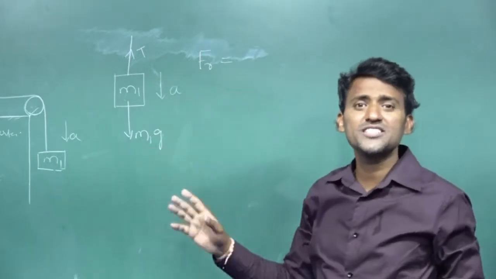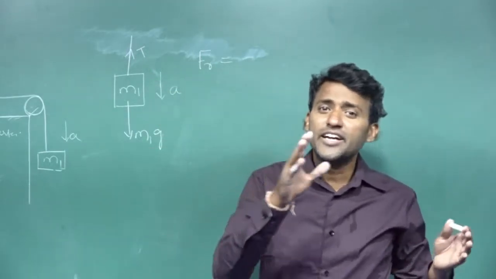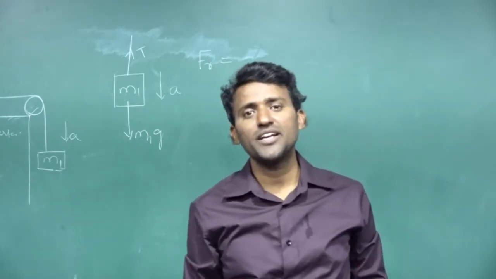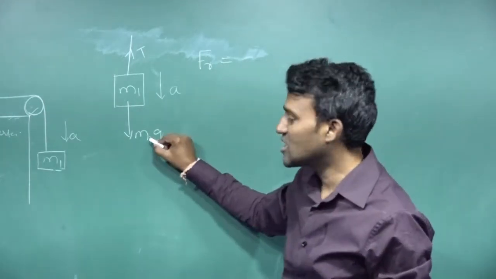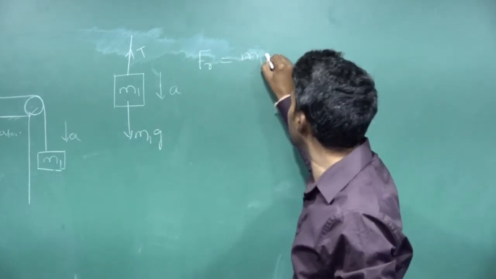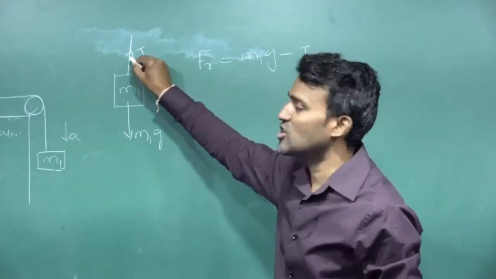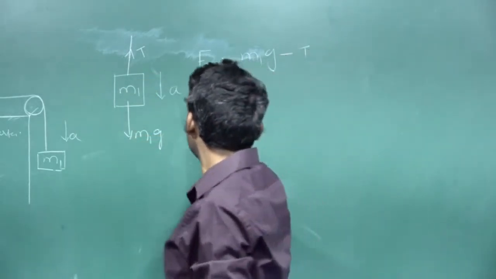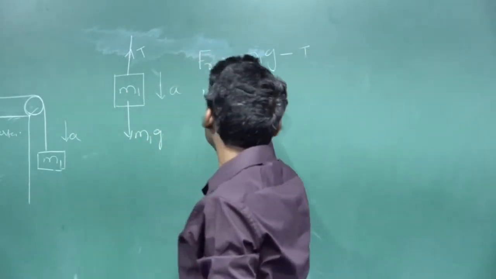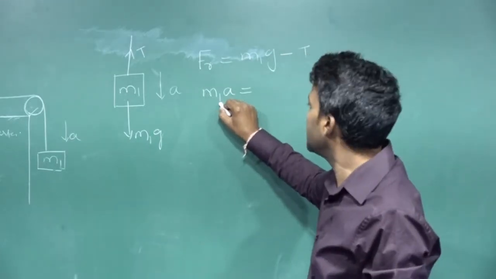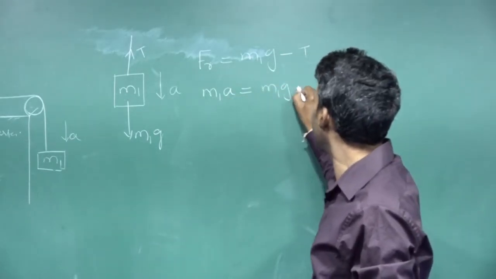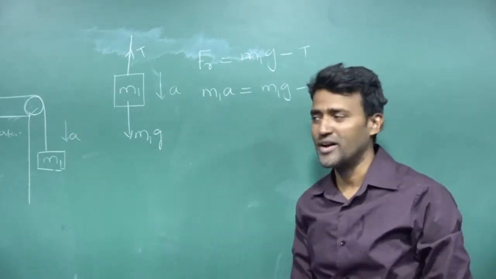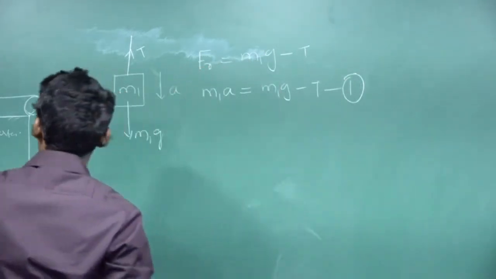So resultant force means greater force minus lesser force. Here the greater force is m1g and the lesser force is the tensional force. According to Newton's second law, you can write m1a equals m1g minus T. Now this is equation number 1. Okay, go for the second one.